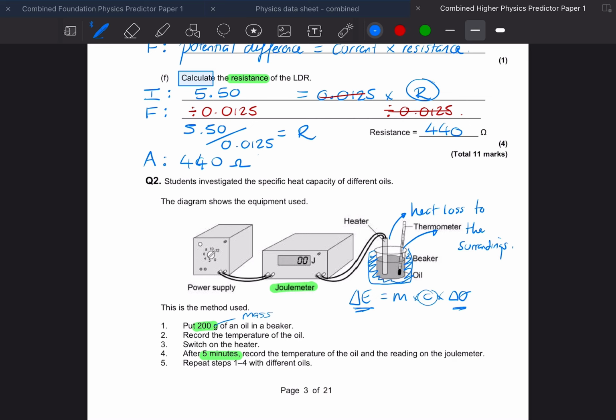The other probably big error with this is that a lot of your heater here is sticking out the top of the oil. So it's going to be heating the air directly rather than heating the oil. So we could use a smaller heater, or make sure that the heater that we use is fully submerged in that oil.